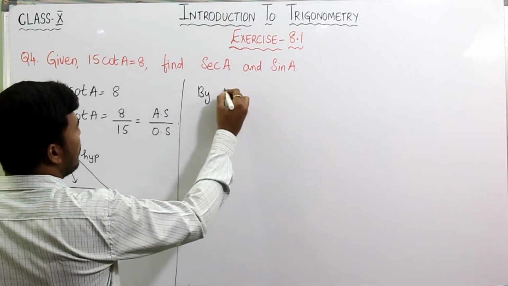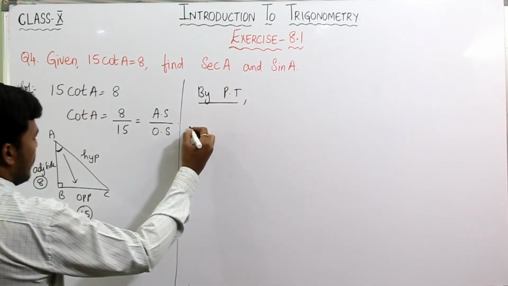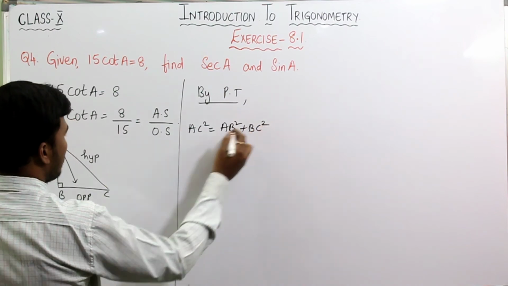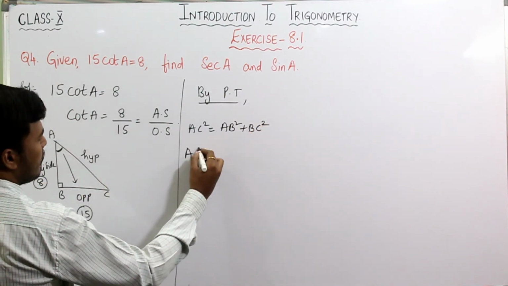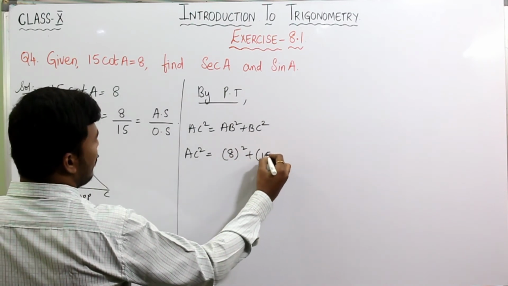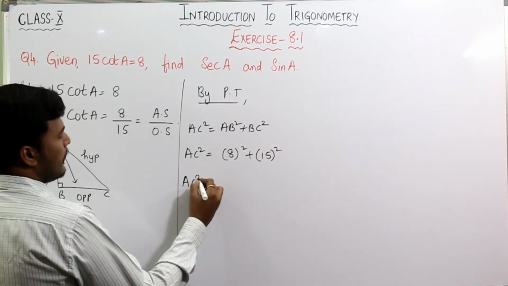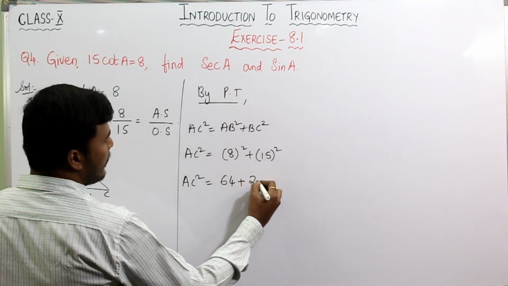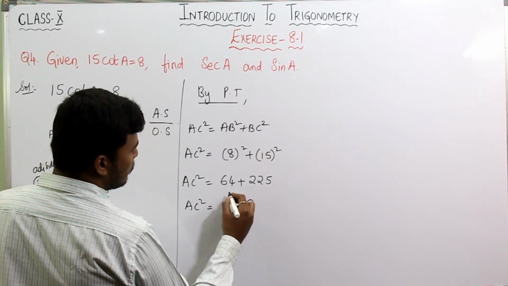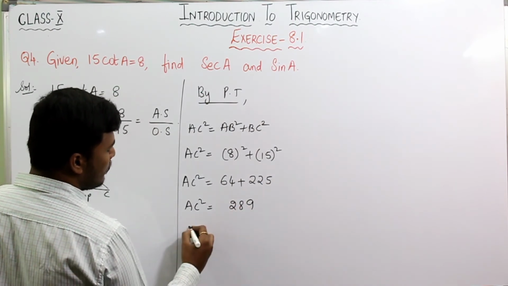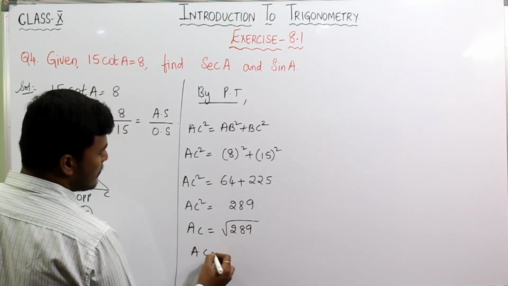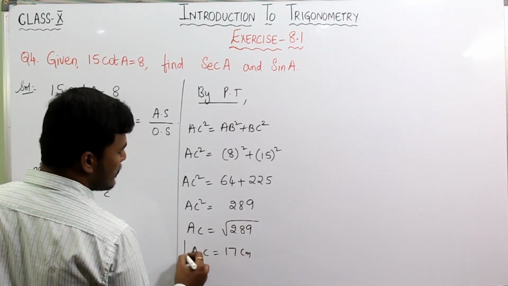AC square is equal to AB square plus BC square. AC is not there, so let it be AC square. AB square is 8 square plus 15 square. So AC square is equal to 64 plus 225, AC square is equal to 289. So AC is equal to the square root of 289, AC is equal to 17 centimeters.